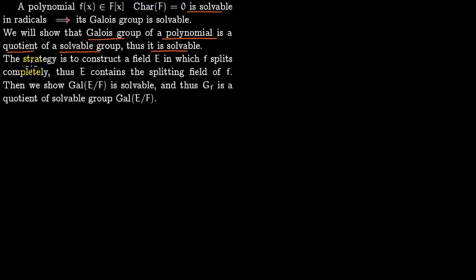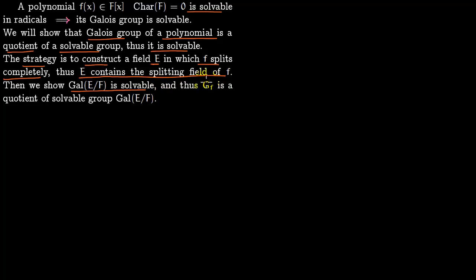So the strategy is to construct, say, a field E in which f will split completely. If f splits completely in this field E, then E contains the splitting field for f, and we will show that the Galois group of E over F is solvable.